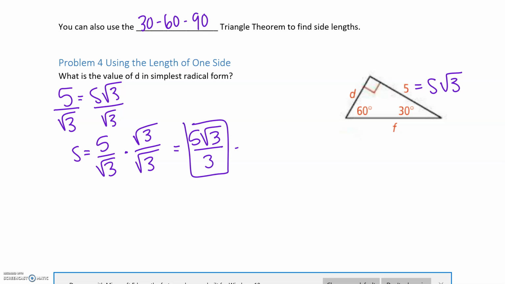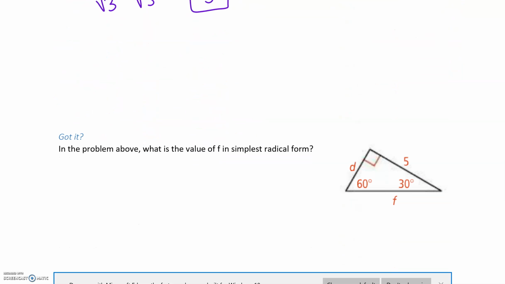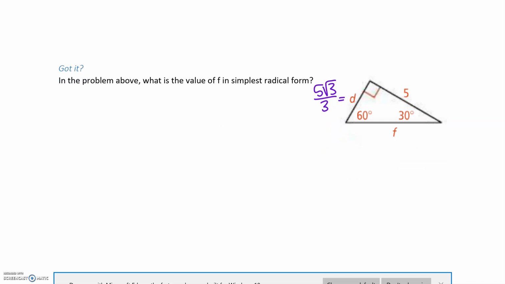That is going to equal our shorter leg, which is D, because our shorter leg just equals s. From here, if we know that this is going to equal 5 square root of 3 over 3, now what we want to do is find this F, which is just going to be 2 times that s.